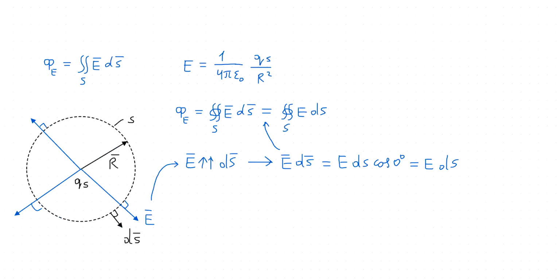So it means that E may be written outside of the integral. So it will be E multiplied by the integral over S of dS.